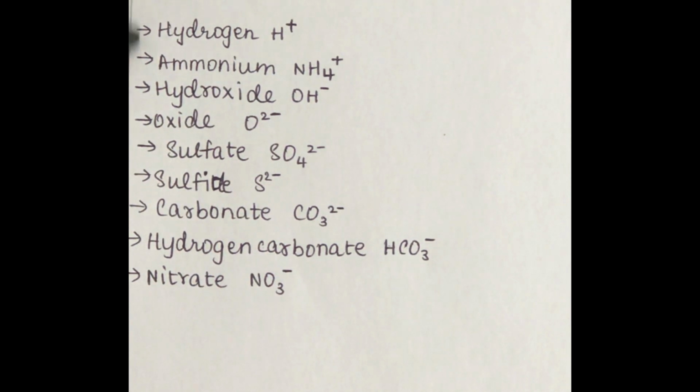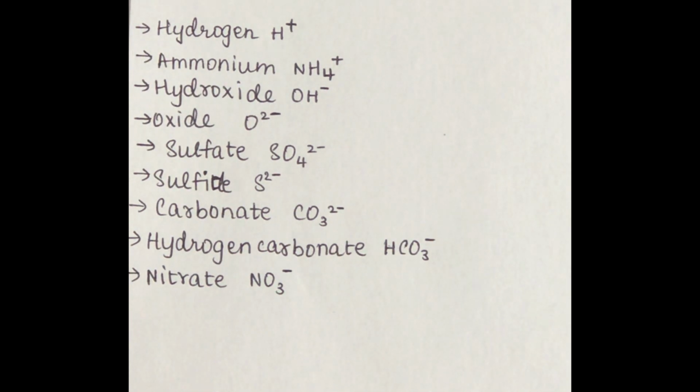These are the formulae of some compound ions which would be helpful if you remember. Hydrogen is H+, that's not a compound ion. We have the ammonium ion, this is NH4+. Do not get confused between the ammonium ion and ammonia. Ammonia is NH3, whereas the ammonium ion is NH4+.